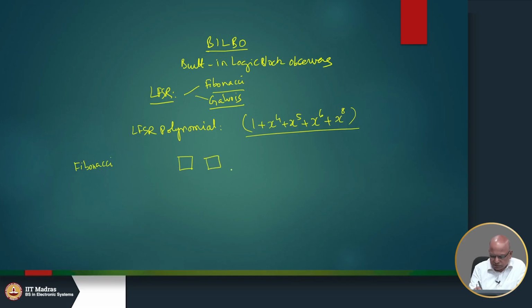We had created a shift register. So, there are 8 flops in this example because the LFSR polynomial is of order 8, and I will not write the clock, etc. So, this is a shift register. If you remember, we label these as 1, x, x square, x cube, x power 4, x power 5, x power 6, x power 7 and x power 8.